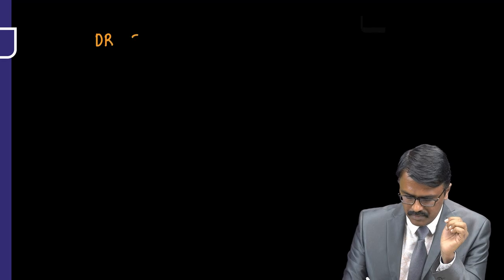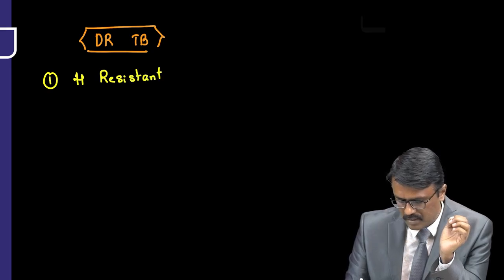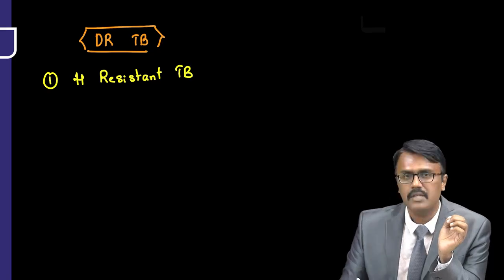Now the problem is the TB bacilli is becoming resistant day by day. That is a major issue we are dealing with, and that is called drug resistant TB. DRTB stands for drug resistant TB. Mainly we can see resistance to H, which stands for isoniazid. If there is only resistance to H, what is the treatment for that?